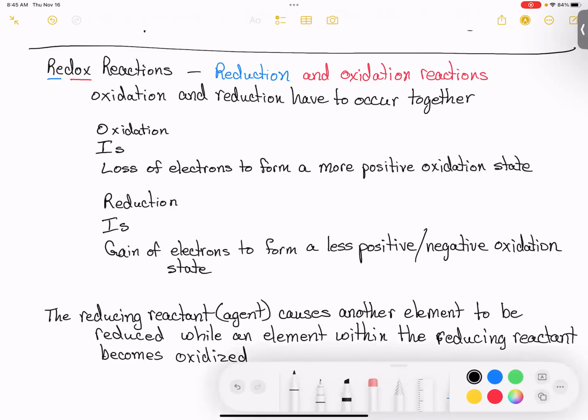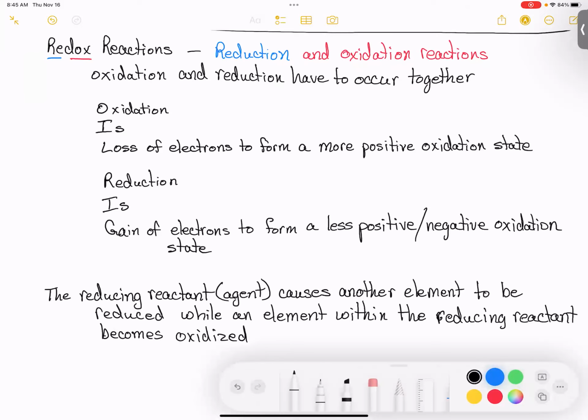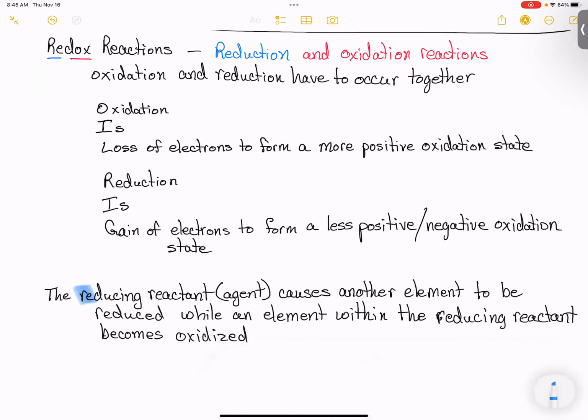What I like to point out is we still have redox.